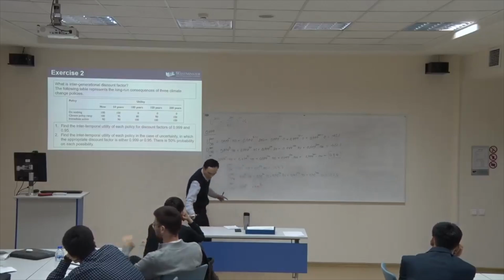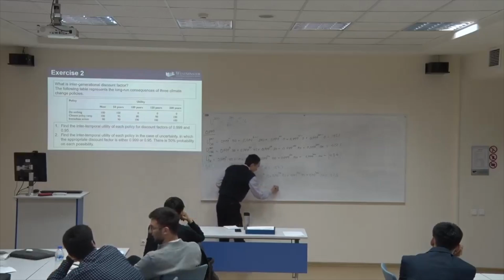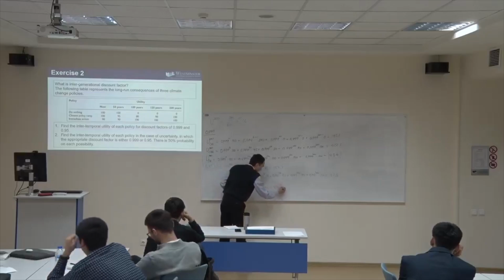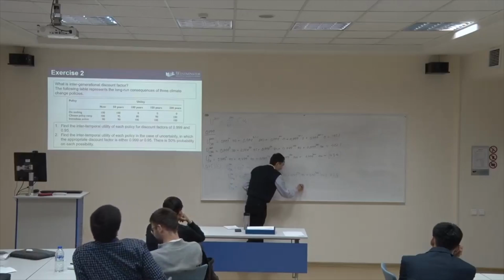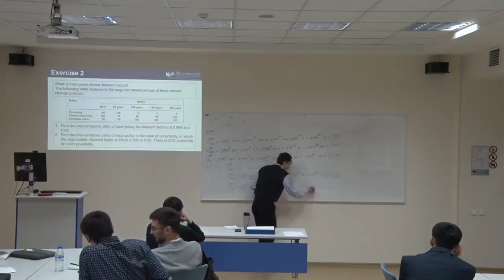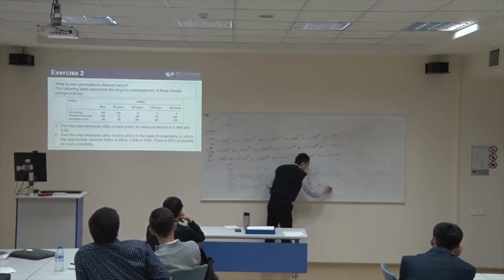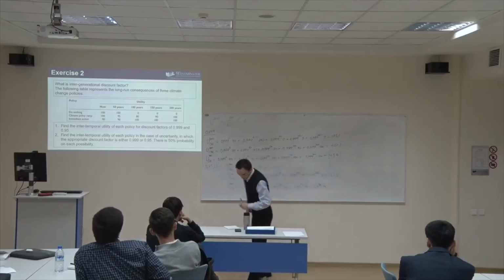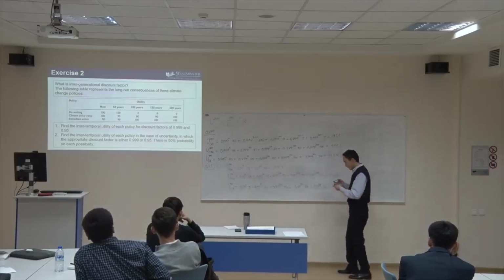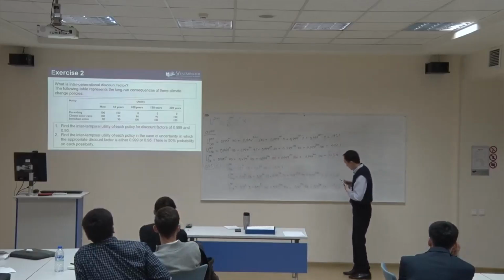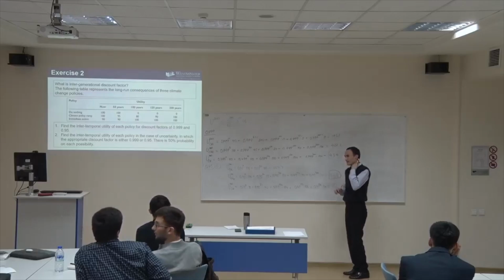It's 90, immediate action. 90 times 90, 0.95 to the power of 100 times 100, plus 0.95 to the power of 150 times 100, plus 0.95 to the power of 200 times 100. And this is equal to 97.6. So which one is the highest? The second one. So students normally discount the future.